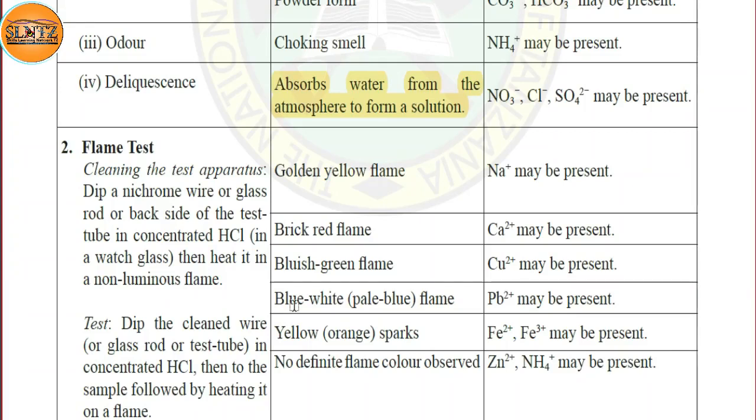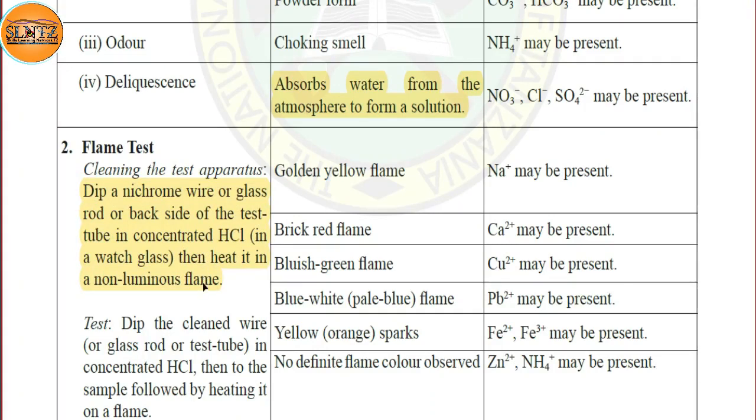Then you dip it to mix a small amount of sample with the concentrated hydrochloric acid, and you have to clean your nichrome wire, test tube, or glass rod using these steps. You dip in concentrated acid and then you heat.